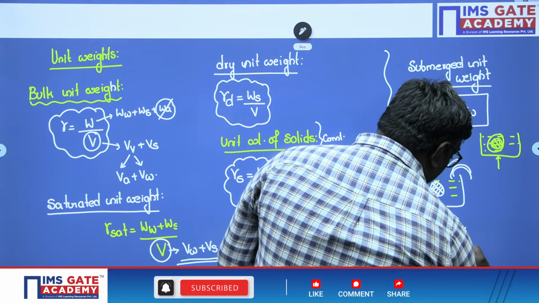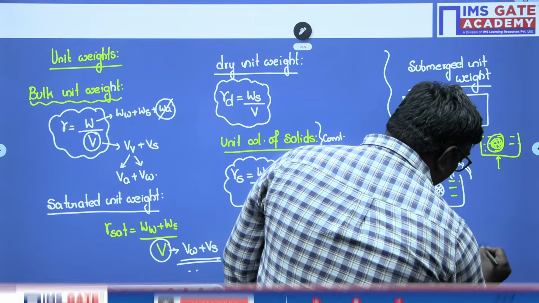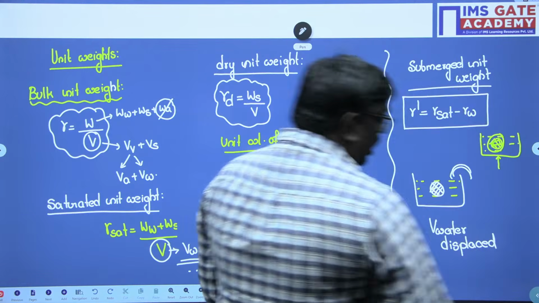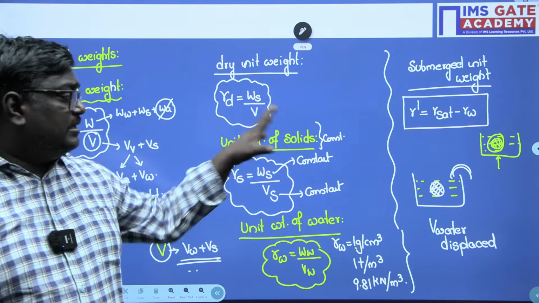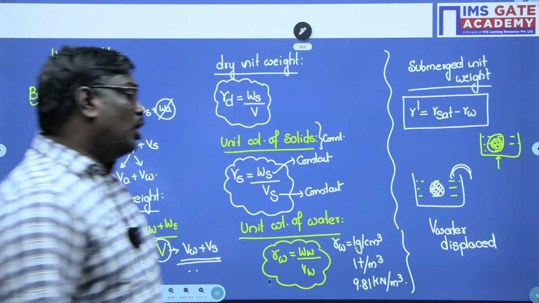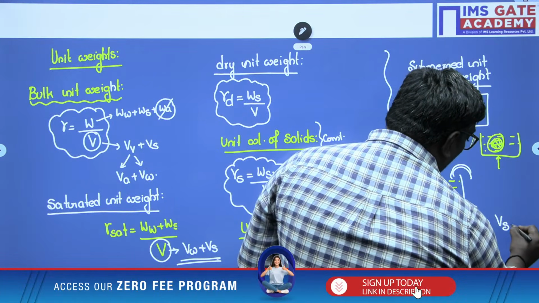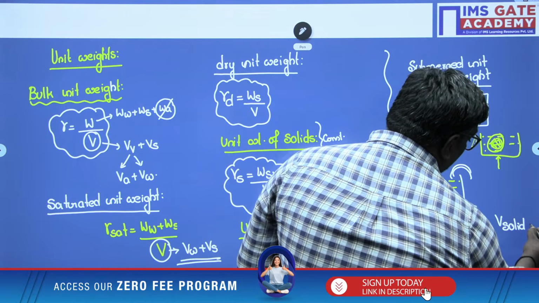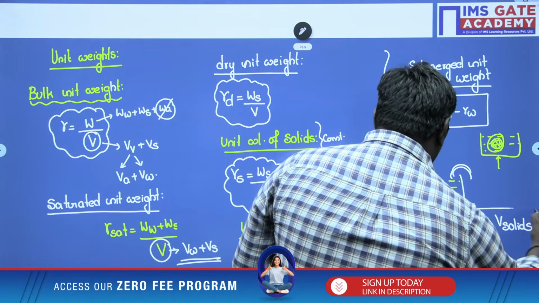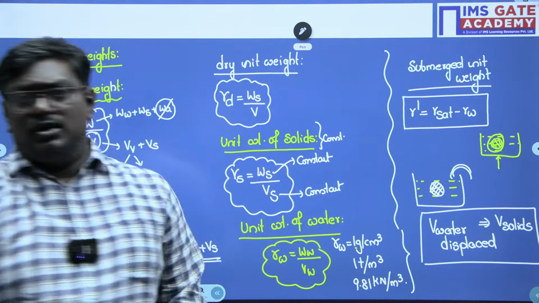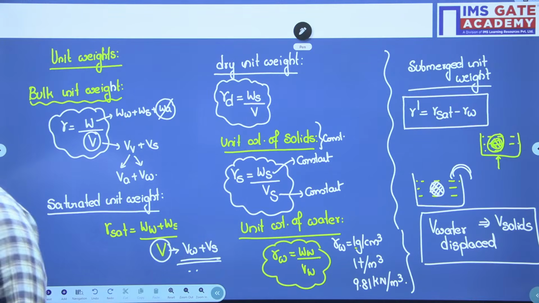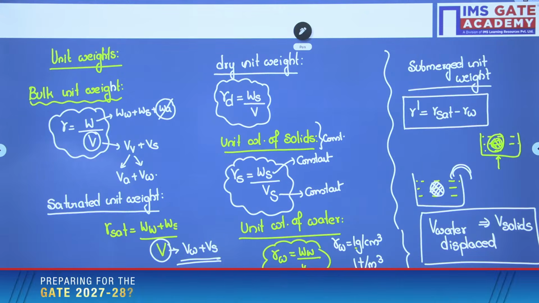Sir, if you are preparing for state level exams or Coal India Limited, then this session will help you a lot, sir. So volume of water displaced is equal to what, sir? Volume of solids. So please understand, volume of water displaced is equal to volume of solids. So please write down this, students.